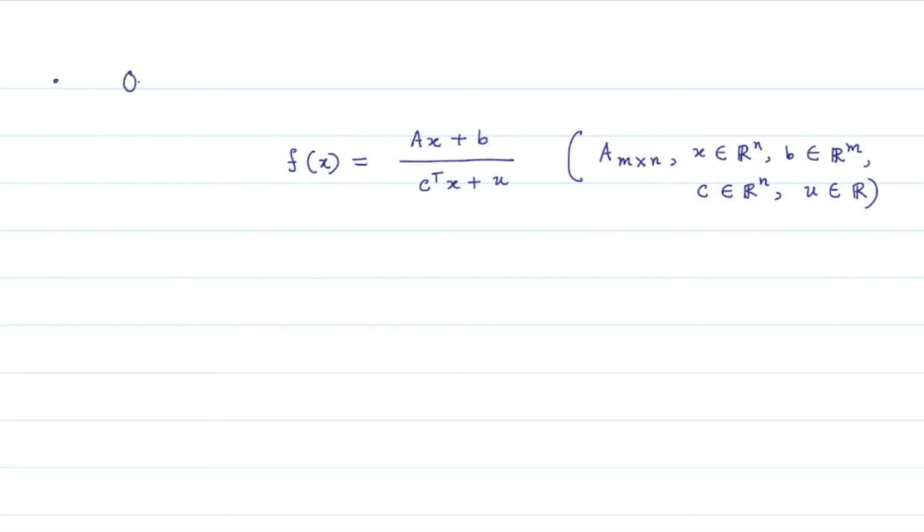Now on the set, say capital D, which is a collection of all points in the n-dimensional Euclidean space for which c transpose x plus u is greater than 0, this function f from the set D to Rm having this expression is called a linear fractional map or a linear fractional transformation.